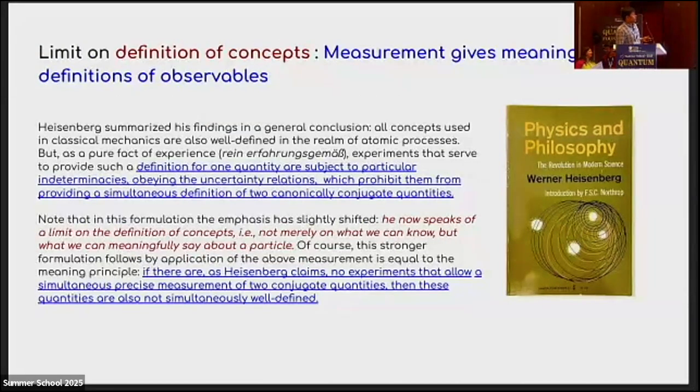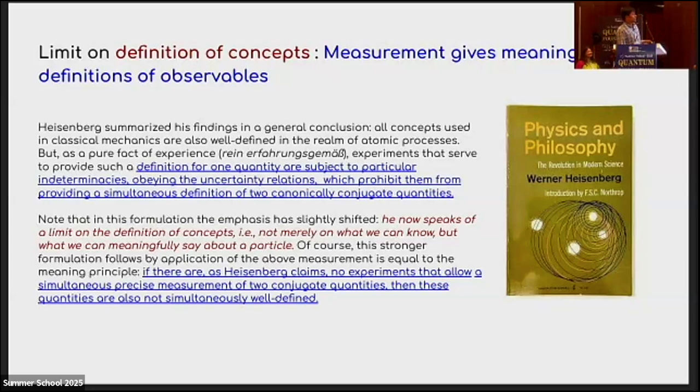He has this opinion because the definition of one quantity is subject to particular indeterminacies obeying the uncertainty relation, which prohibits providing a simultaneous definition of two canonical conjugate quantities. In his example, position and momentum: you cannot simultaneously define both of them at one particular time, but you can define them later on.